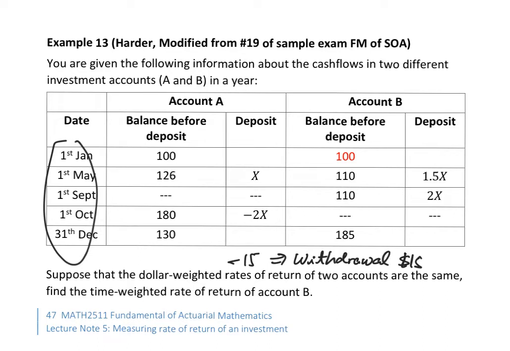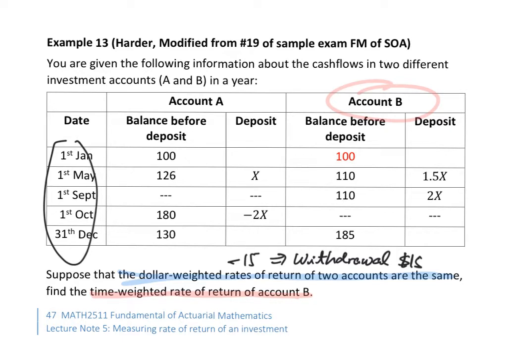This is the given information. Let's suppose that the dollar weighted rates of return of these 2 accounts are the same. My goal here is, given this, to find the time weighted rate of return of account B, which is this one.